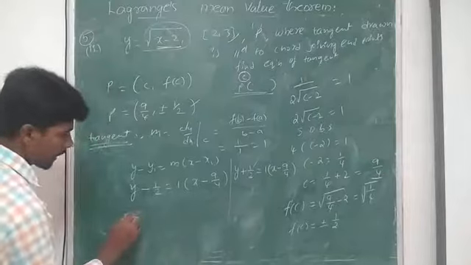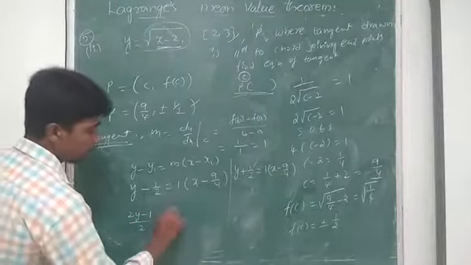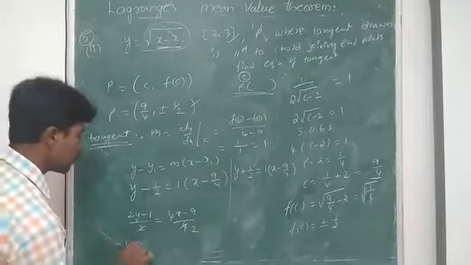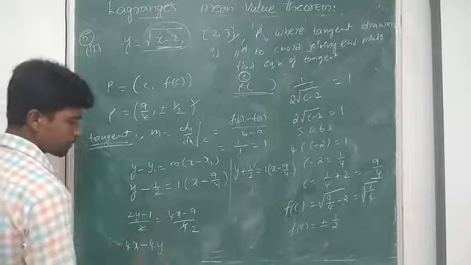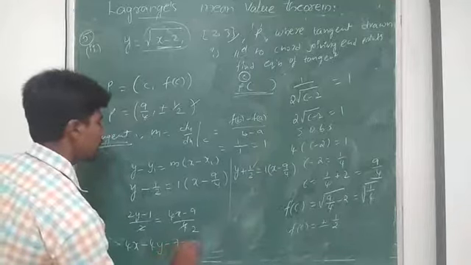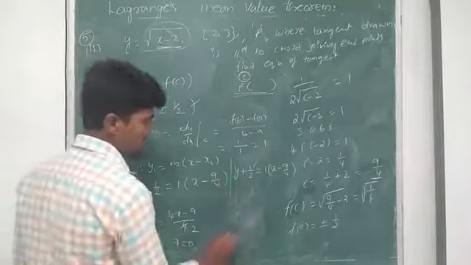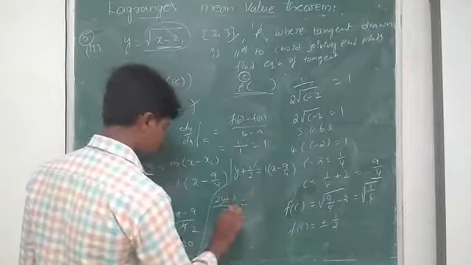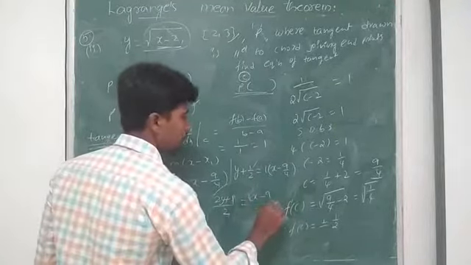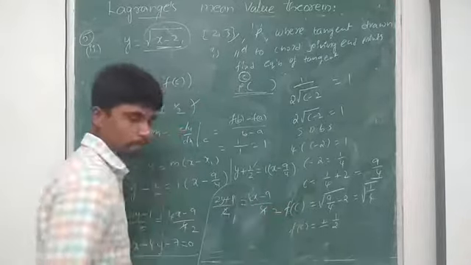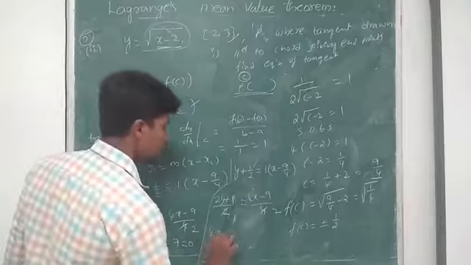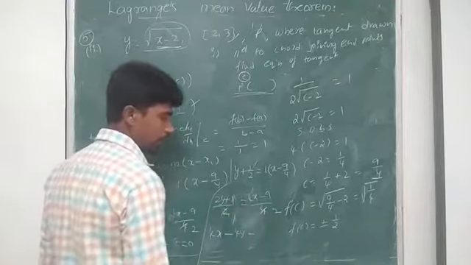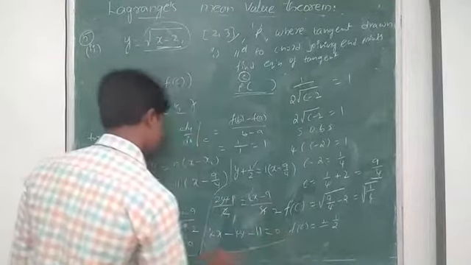We simplify this, we get 2y plus 1 by 2 is equal to 4x minus 9 by 4, so now we get the equation 4x minus 4y minus 11 is equal to 0.